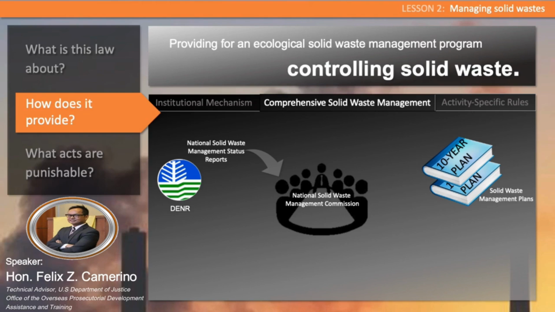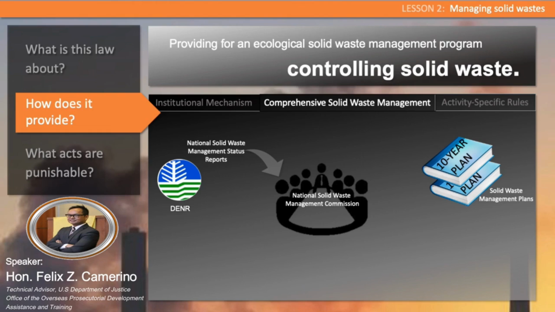So we've said when we were talking about institutional mechanism, obviously DENR plays in, they're the chairman. You have the secretary of the DILG also being a party to it, and a host of others, like I said. All right, so it's very nicely organized. The composition is very varied, and they really do have entities that ensure that it is comprehensive in terms of its coverage.